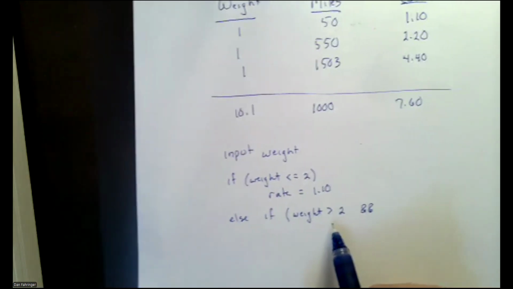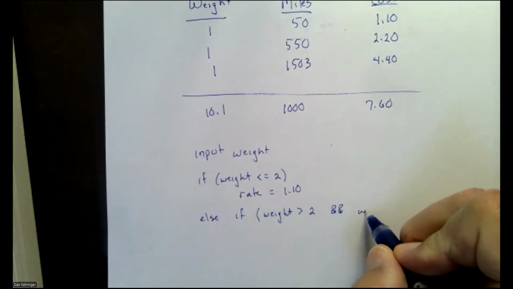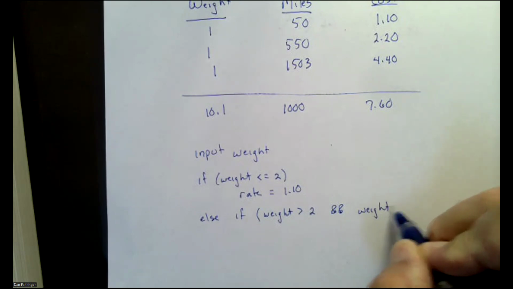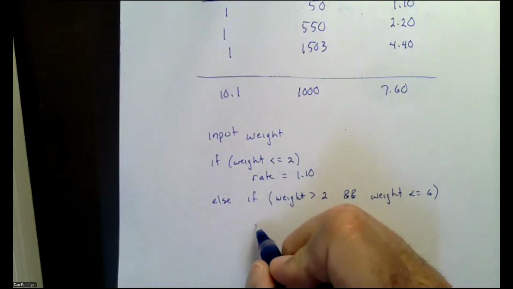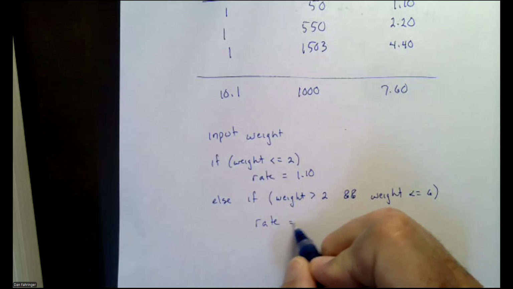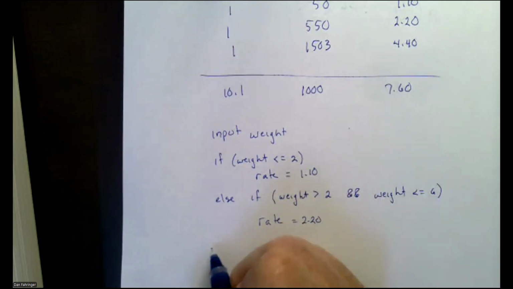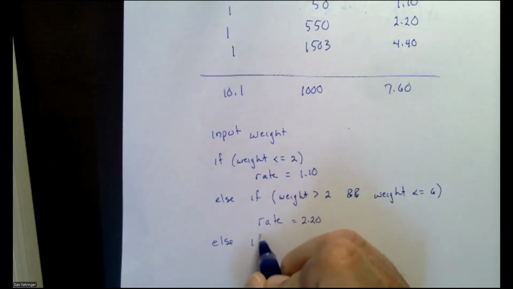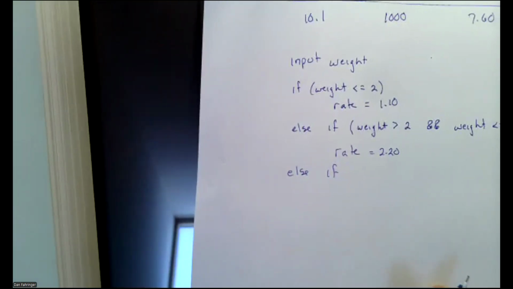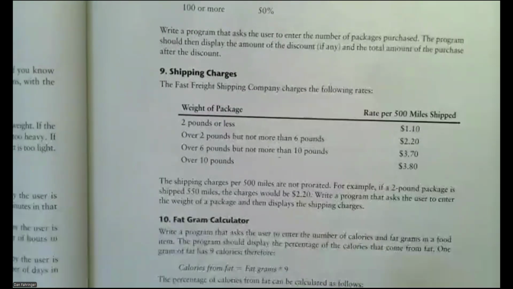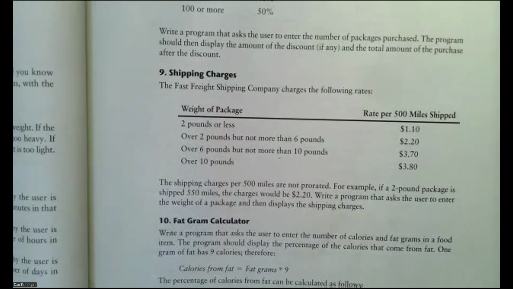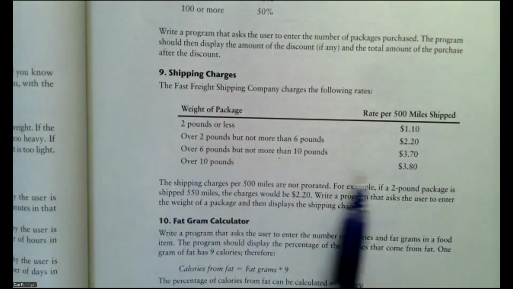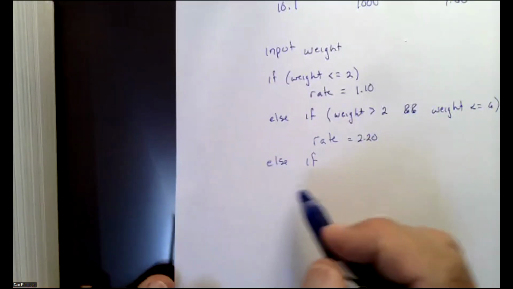So if weight is greater than two and weight is less than or equal to six, now I have a rate of 2.20. So I'm going to keep going with that to come up with some sort of an algorithm. I have a couple more else-ifs, and then it looks like an else for my default.